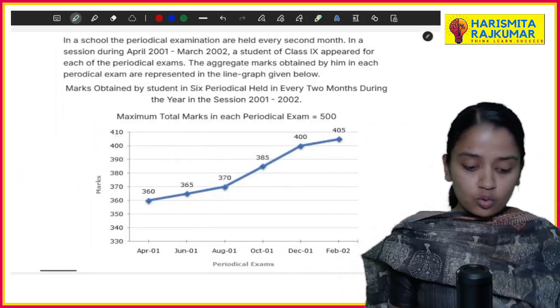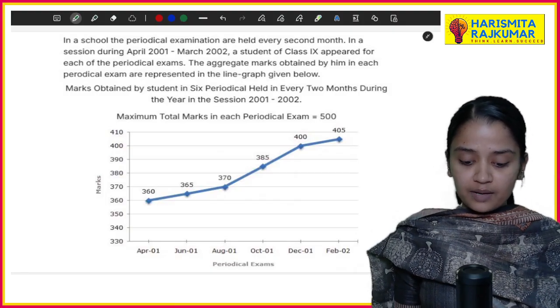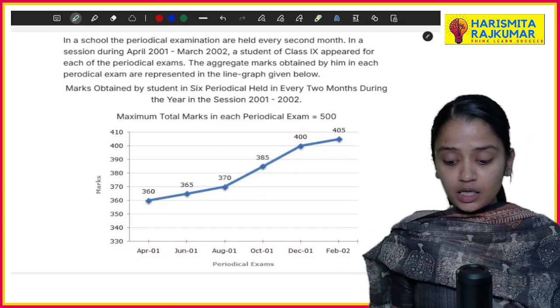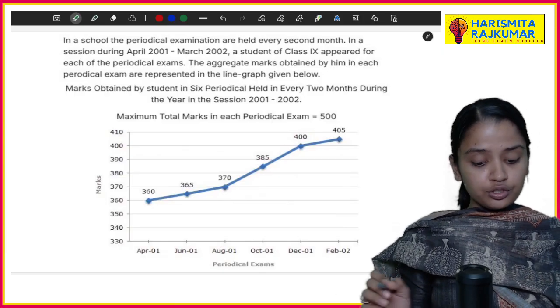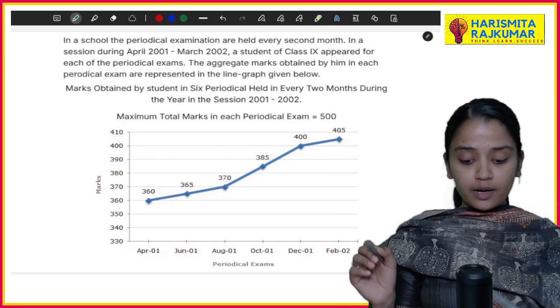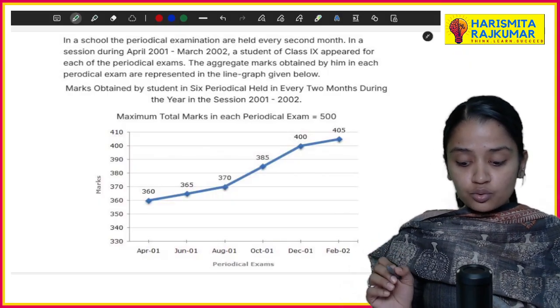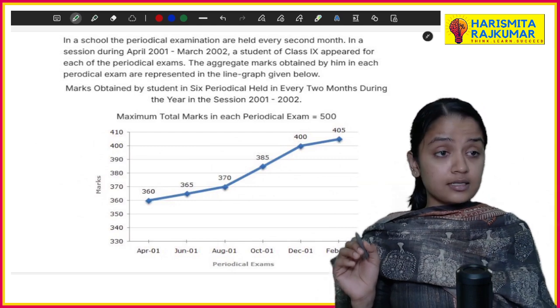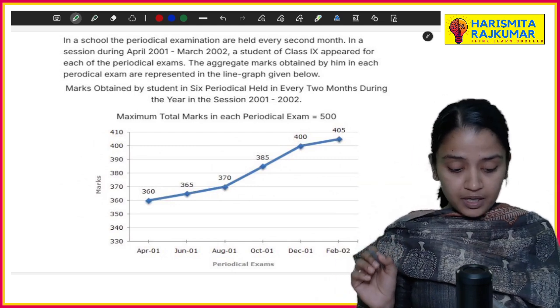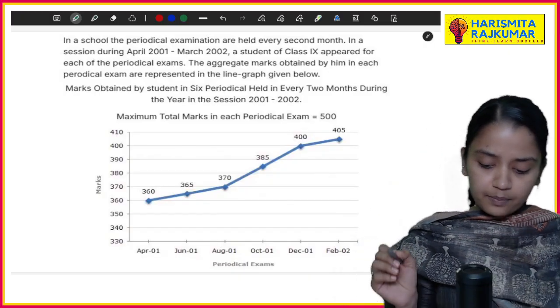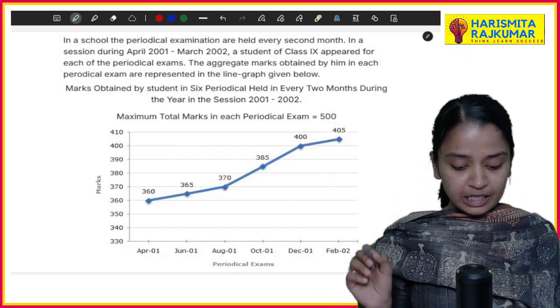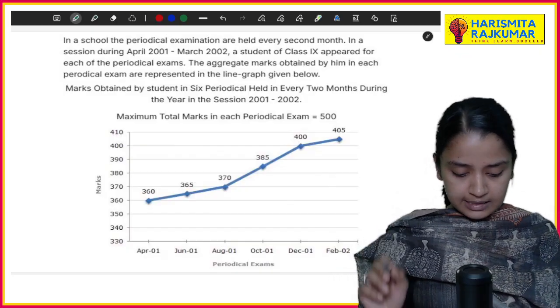Now, in a school, the periodical examinations are held every second month. In the session between April 2021 and March 2022, a student of class 9 appeared for each periodical exam. The aggregate marks obtained by him in each periodical exam are given below.